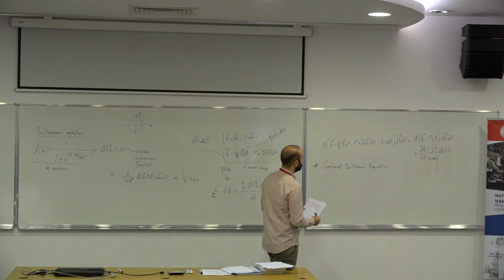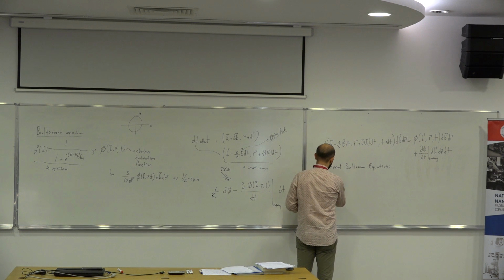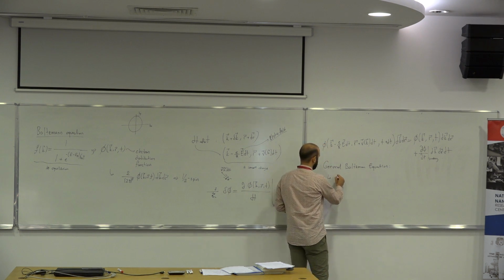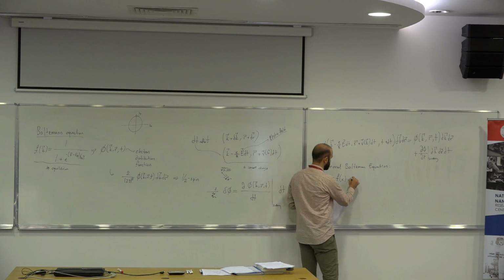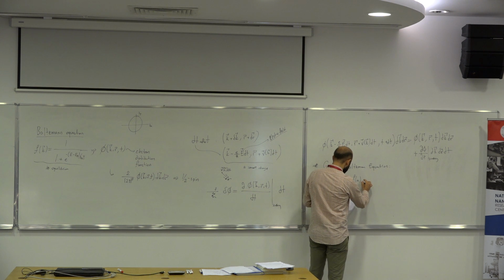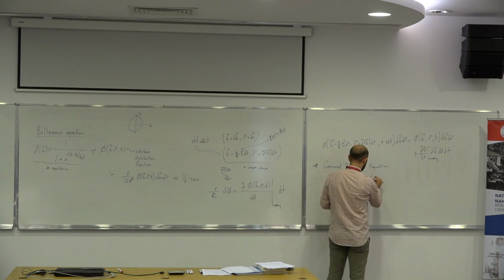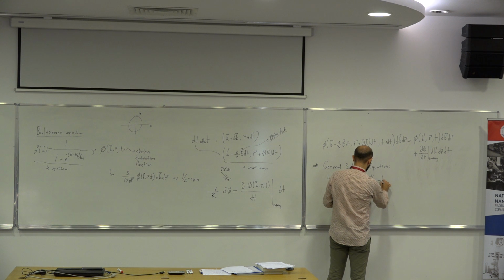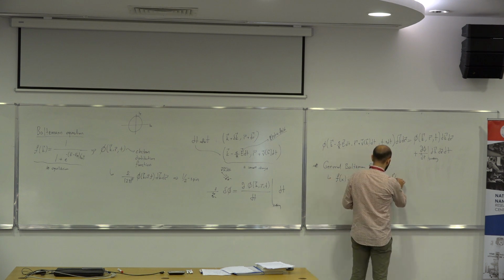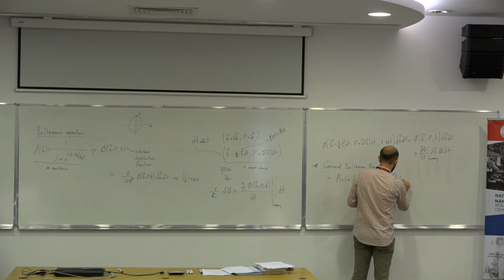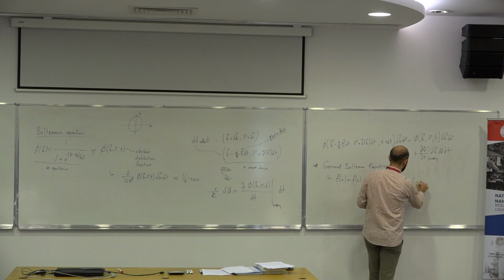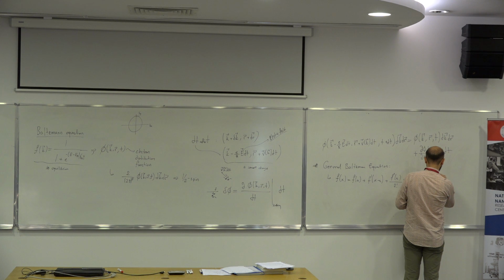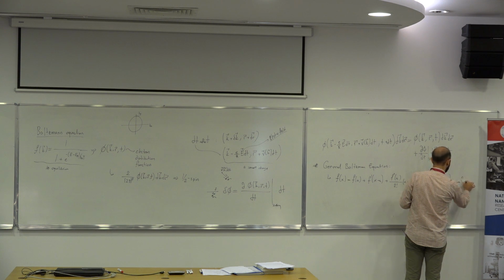So first I'd like to introduce you this. If you have a function f(x), you can write it as a series of functions around a certain point, okay? Factorial, x minus a squared. And then x minus a to the power n.